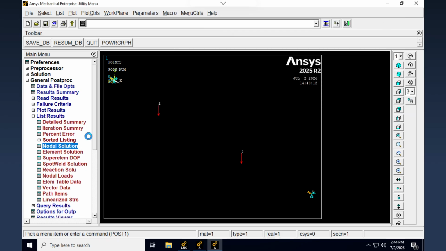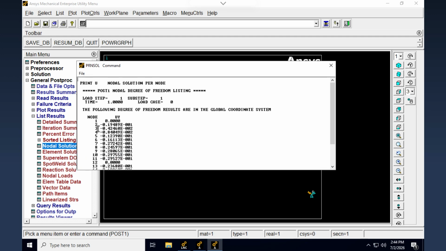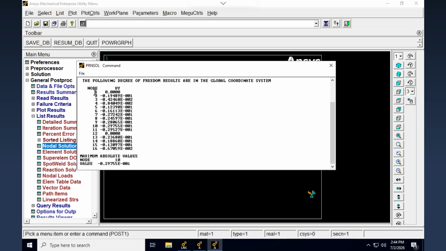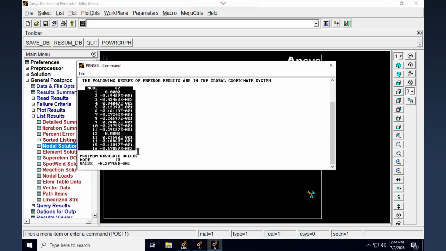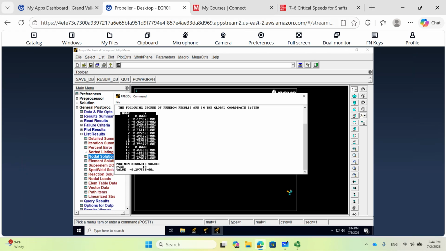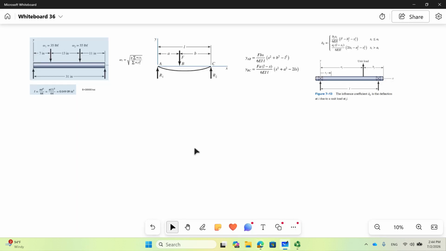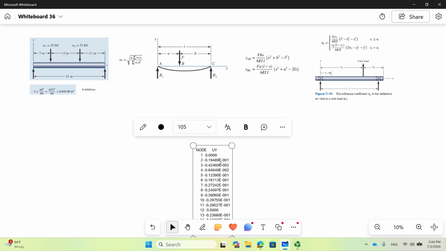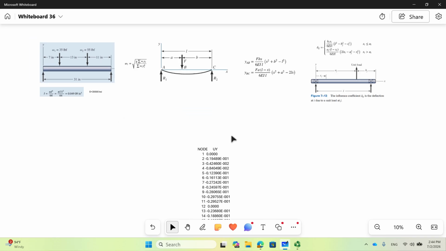Alright, so now go here again. Let's look at it. Node number 2, this is the deformation. So let's see if I can copy and paste it, Control C. Let's see how they compare to what you had from the book.